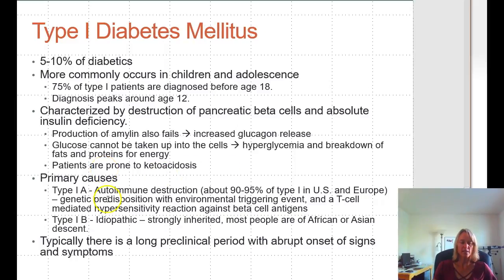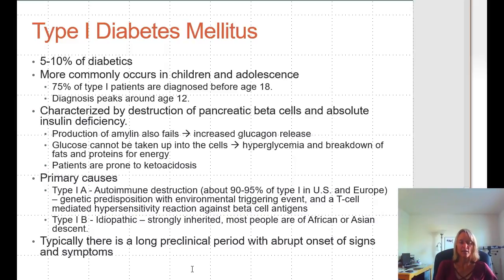Okay, the causes. Type 1A makes up about 90 to 95% of cases in the US and Europe. This is thought to be due to a genetic predisposition with an environmental triggering event, such as a virus, and a T cell mediated hypersensitivity reaction against those beta cell antigens.